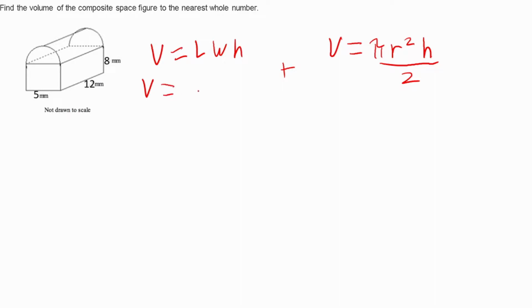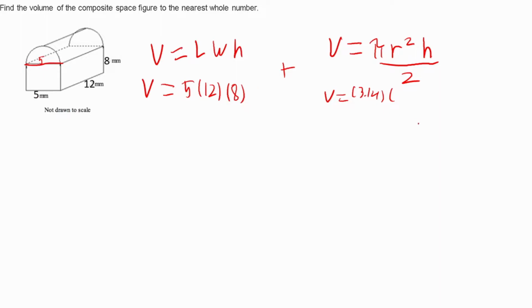So my first volume, we're going to get 5 times 12 times 8. And my second volume, we're going to have 3.14 times, what's the radius of this top one? Well, if this is 5 millimeters, we know up here's 5 millimeters, but that's my diameter.